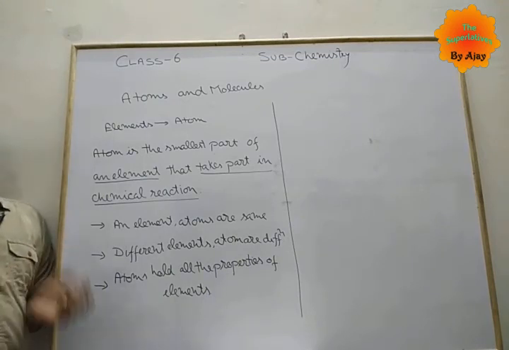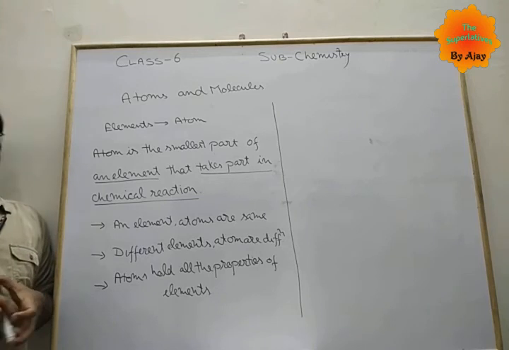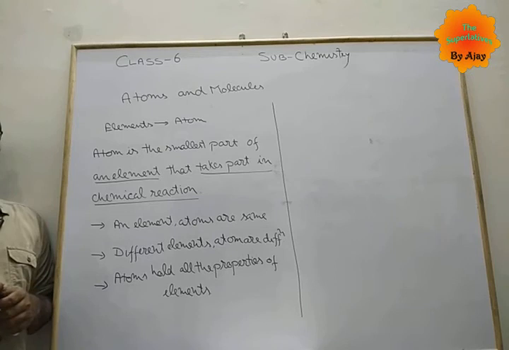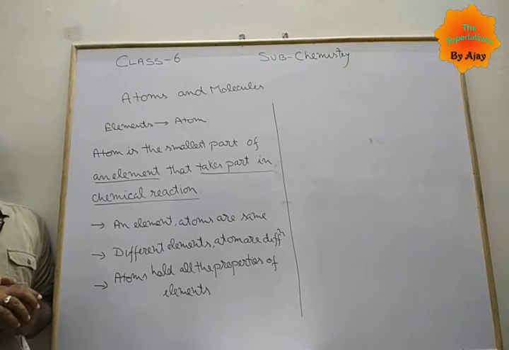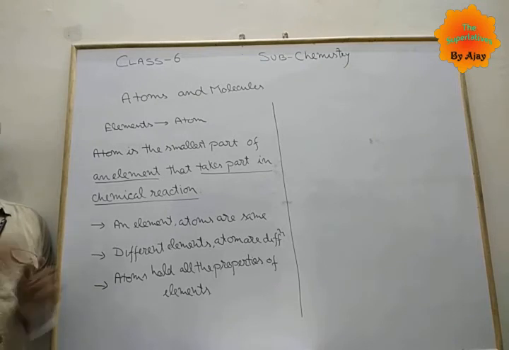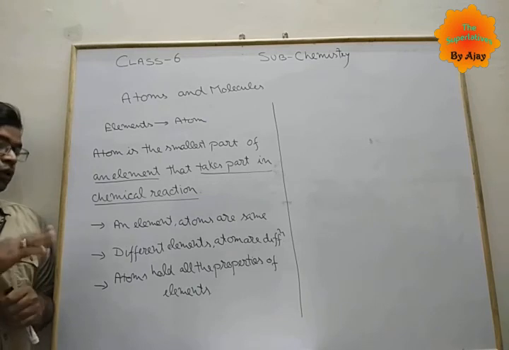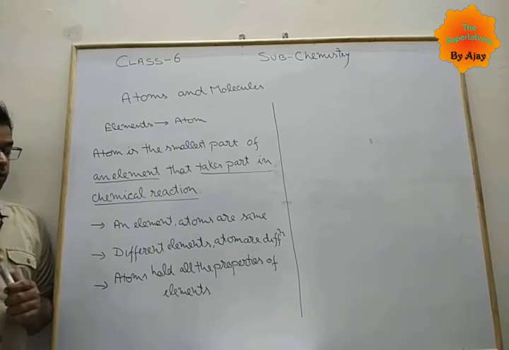It is the smallest representation of the element. For example, we know that iron is attracted towards a magnet, whether it is a bigger piece of iron or the smallest atom of iron. In case of gold, gold has a glitter, whether it is a bigger one or the smallest particle. So they hold all the properties.